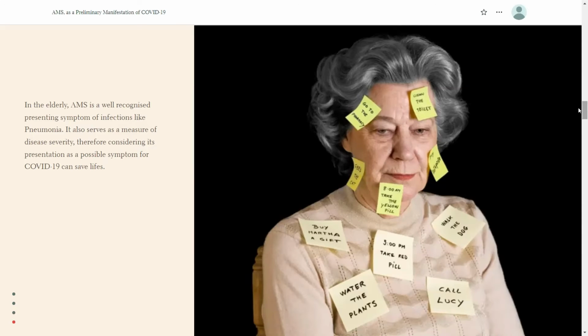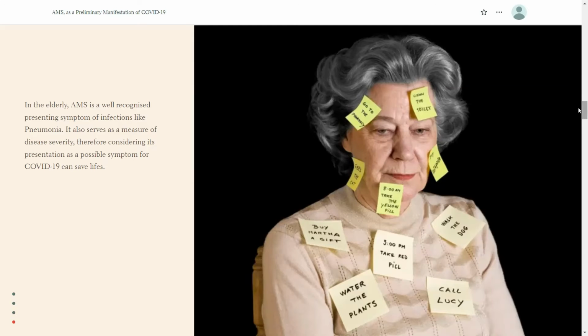Now, Ward in 2020, in his report, carried out research with 4 patients that he diagnosed with COVID-19 who initially presented with altered mental status. They didn't have any symptoms of COVID-19, like cold, pneumonia, fever, cough, respiratory disorder, nausea or flu.